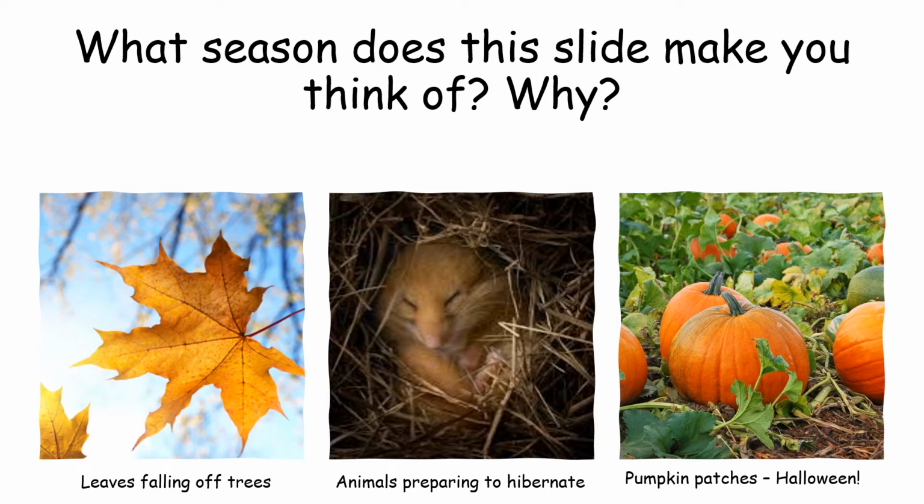So maybe this has already got you thinking of a certain season. Yes, autumn. People often think of the colour orange for autumn because of the leaves and the animals and pumpkins.